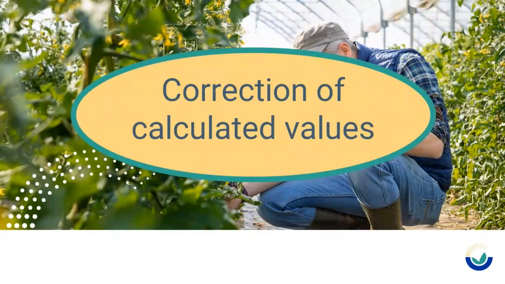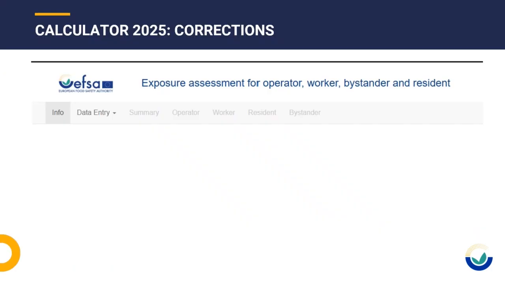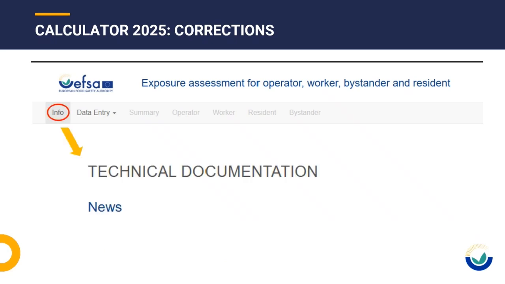The first part of the update of the calculator is related to correction of calculated values. All the details about these corrections can be found in the info sheet of the calculator, in the section Technical Documentation. There you will find in the news the history of all amendments brought to the calculator.